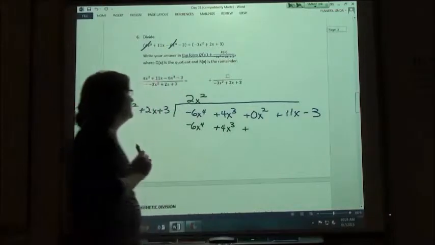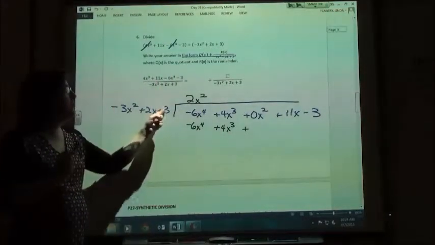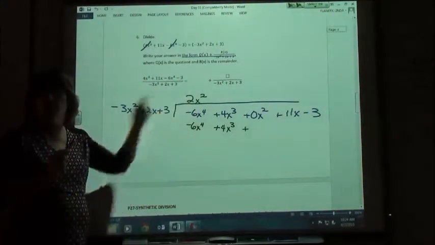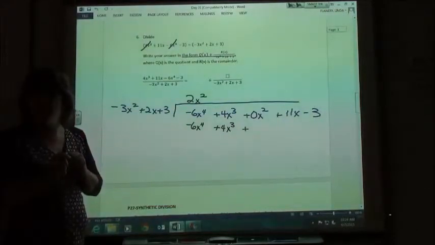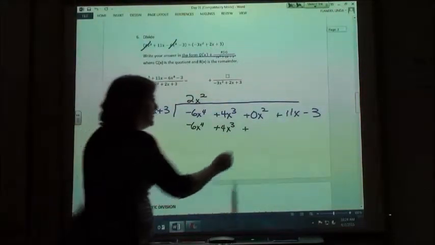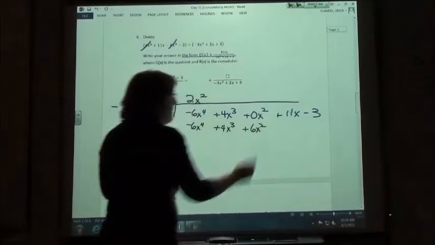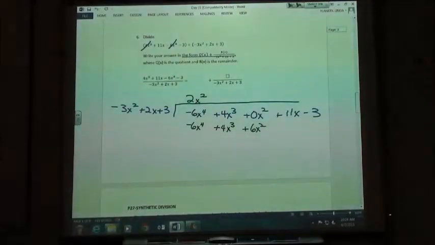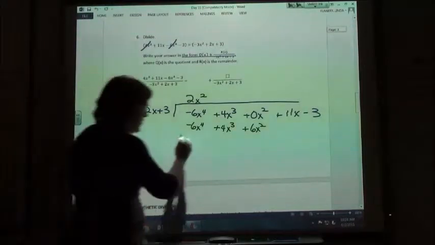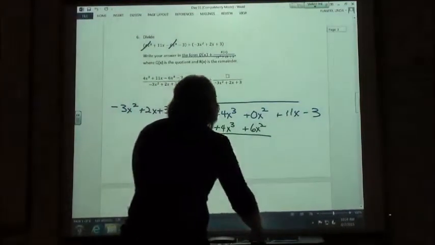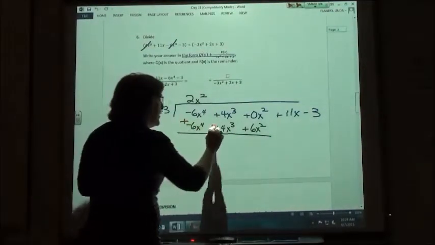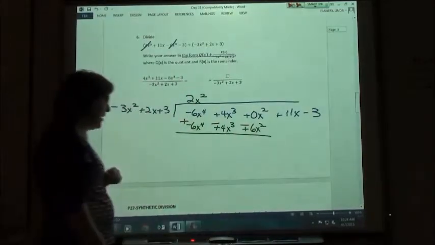Nope. Because you're going to have 3 times 2x squared, which is 6x squared, right? So it's going to line up here, 6x squared. Okay, then what are we going to do? We're going to change our sign. This is going to be plus, that's going to be minus, and that's going to be a minus, and what's going to happen?